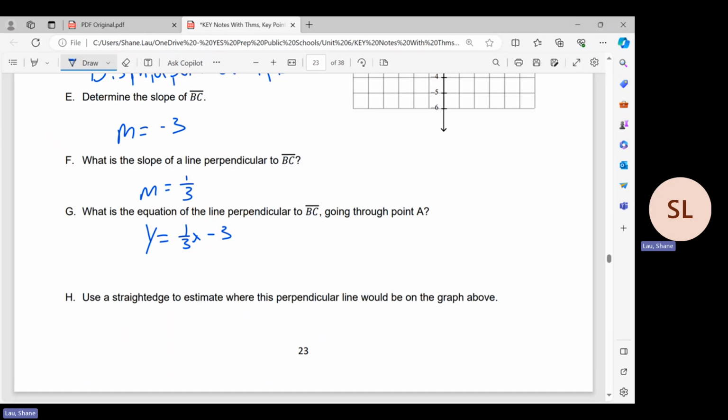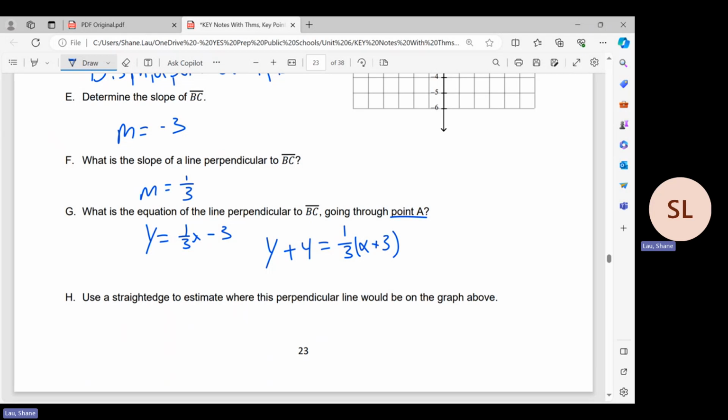But if you're going to go through the point A and put it into point slope form, we're going to have y minus a -4, which will just change to a double negative, a +4 right here. Then we'll have the slope that we just got, 1/3, times x minus a -3, but because of the double negative, add a +3.